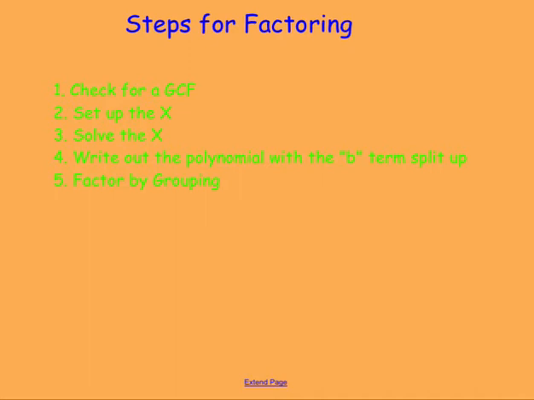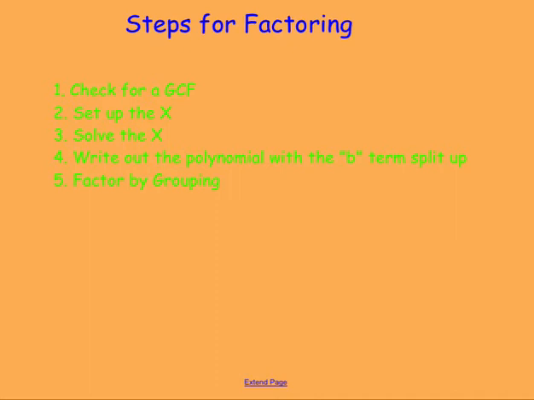Next thing you want to do is set up your x, multiplying a times c, and then adding to b. Now because our a is equal to 1, it's really just going to be c on the top of our x. Then you're going to solve the x just like you did on the previous note sheet. But here's where it gets a little bit tricky. So we're going to rewrite that polynomial or that quadratic out, splitting up the b term. Now that might not make sense right now. It probably makes more sense when we start talking about these quadratics.